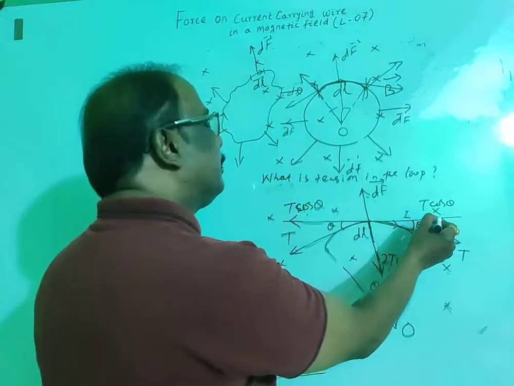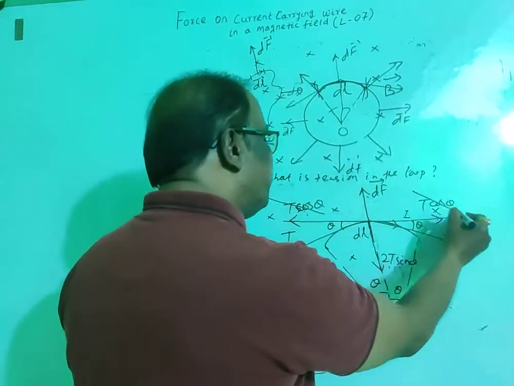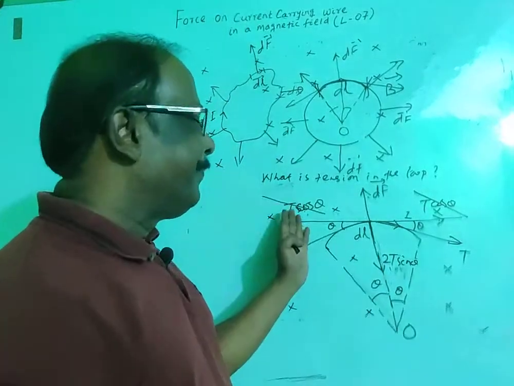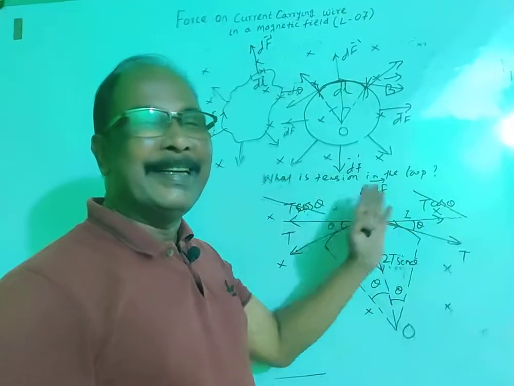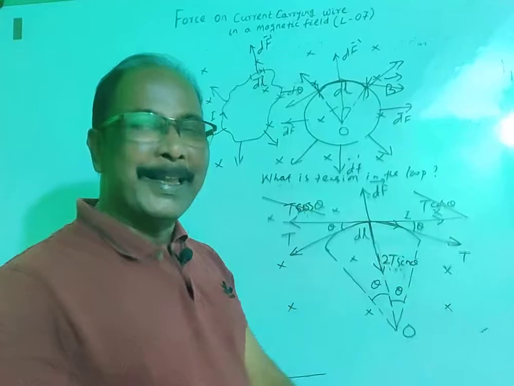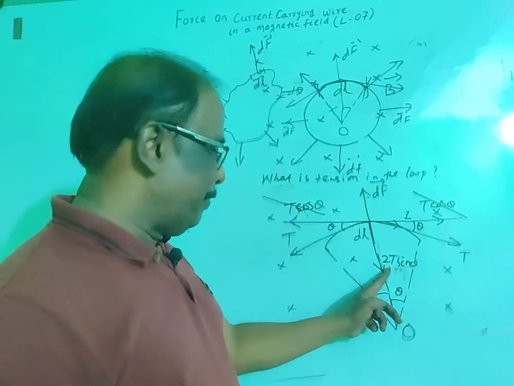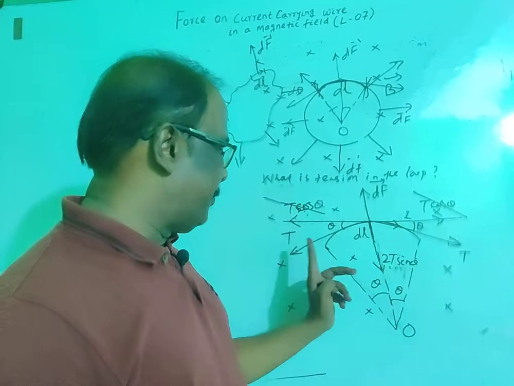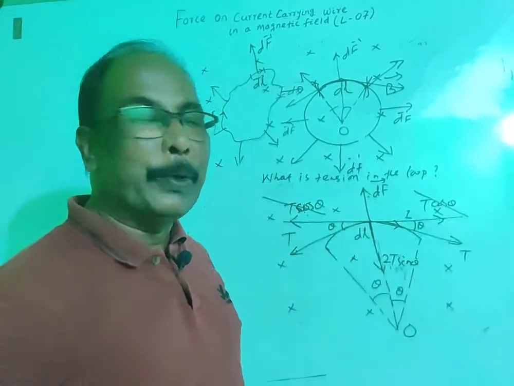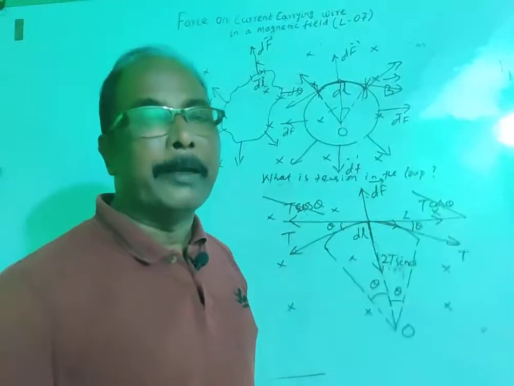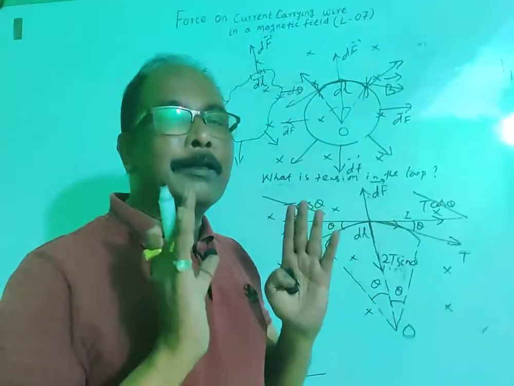The T cos theta components are equal in magnitude and opposite in direction, so their resultant is 0. Both cancel each other. Thus, the only force is from the rectangular components of the two tensions, 2T sin theta, and the upward force is dF. Is it clear?